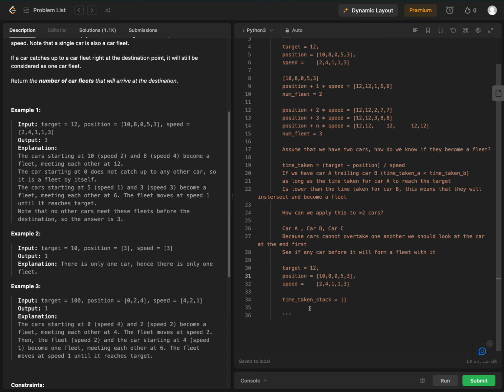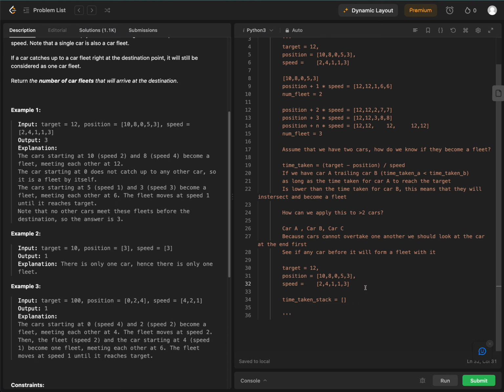Time taken stack, position, speed. So okay, let's just follow this, right?